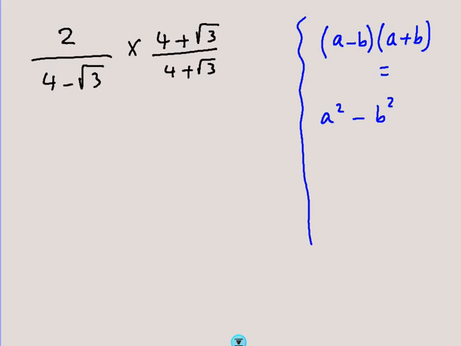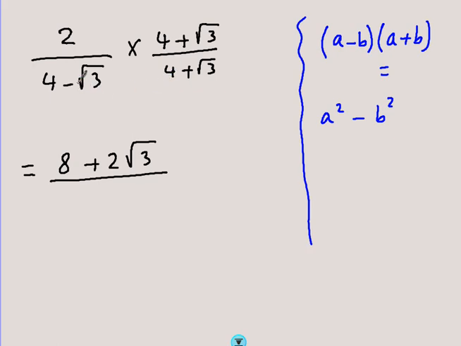So when we multiply the numerator, we get 8 plus 2 root 3. And when we multiply the denominator, this is a difference of two squares multiplication. So the middle term disappears.